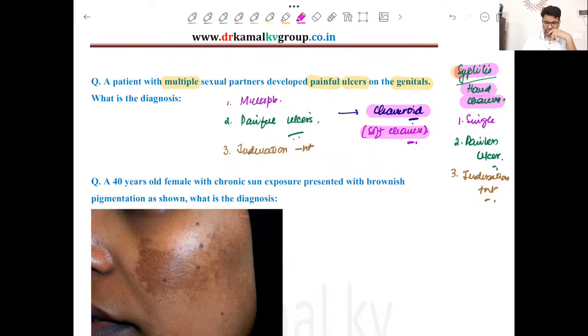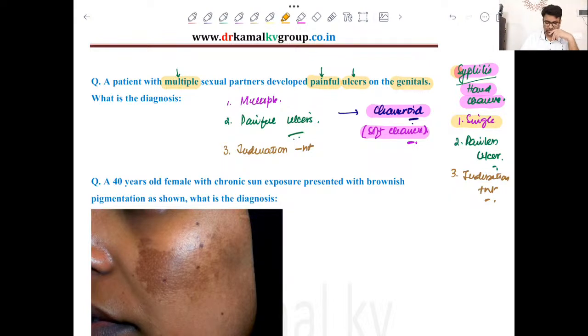So if you have a case history where the patient has multiple painful ulcers, straight away go for the diagnosis of chancroid. Remember, the lesion of primary syphilis is painless and single with induration, and therefore it is known as hard chancre, right?